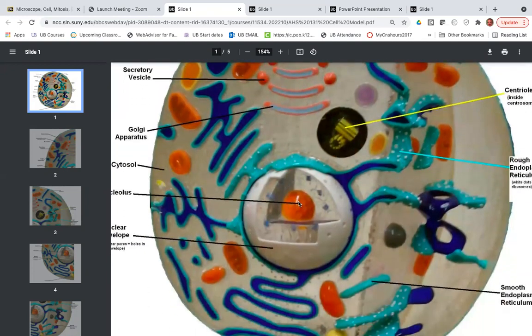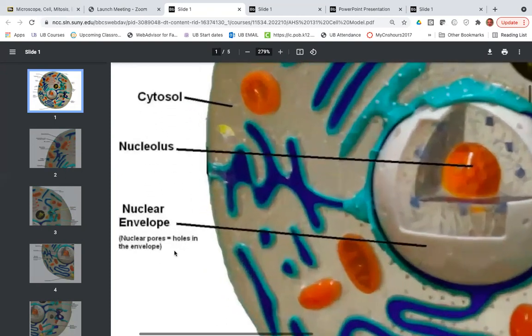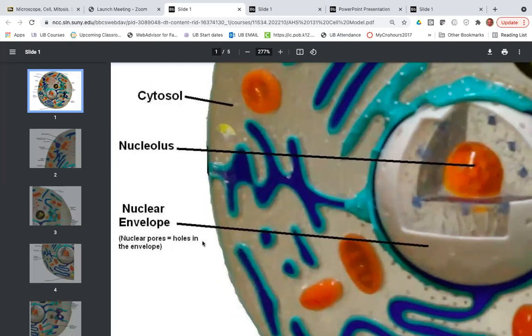Let's look at the very center of the cell. We have the nucleolus. The translucent clear part that's superficial to it is the nucleus, and superficial to the nucleus is the nuclear envelope. The nuclear pores are the holes in the nuclear envelope.